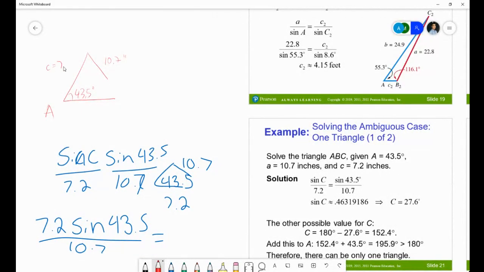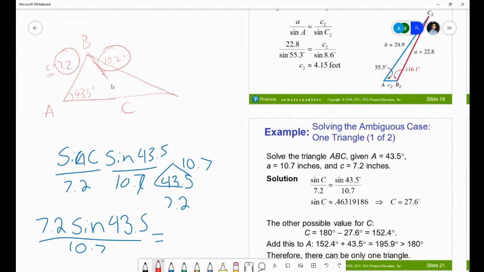And side C, 7.2. So that means C here, B here. Okay, so you see this one right here, the swinging side is larger than this. So that means it has to open outward like this. Oh, okay. Yeah. So we cannot swing inward because it's longer than this side. So we know that we only have one triangle.